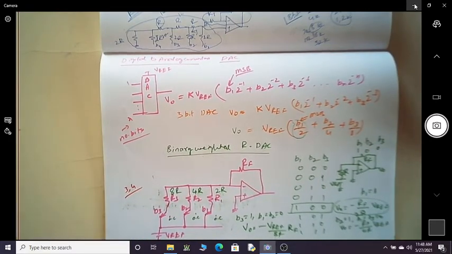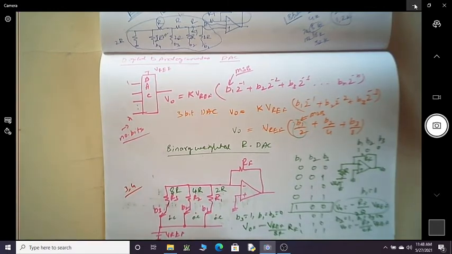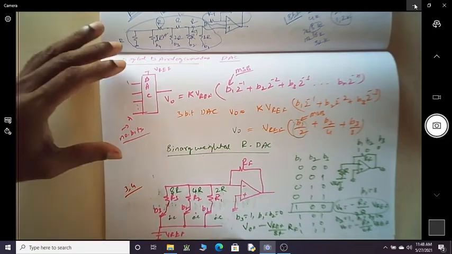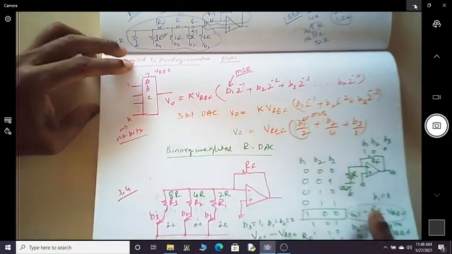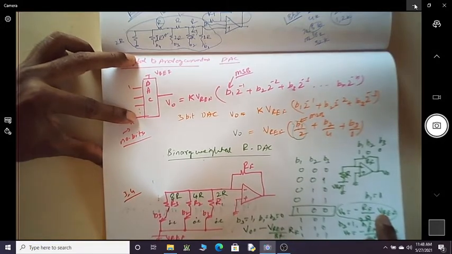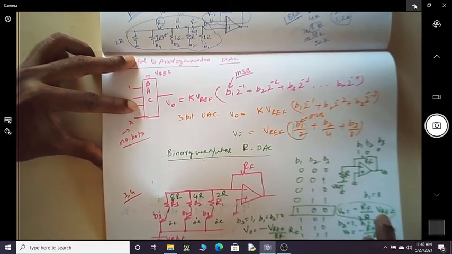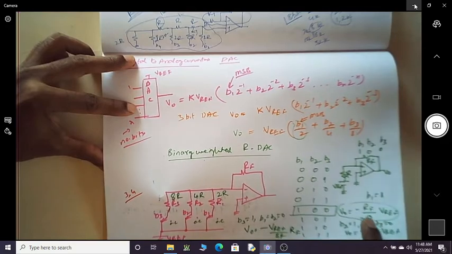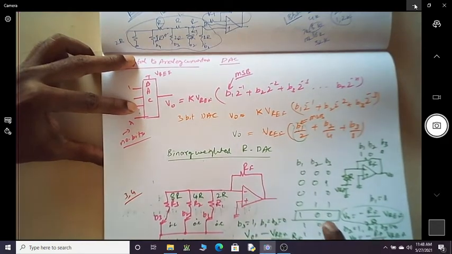It is very difficult to have resistance weights that increment as 2 power n. Then it also becomes difficult to realize resistances of exact value. If it is not the exact value, we know that we will end up with errors in the conversion from digital to analog.